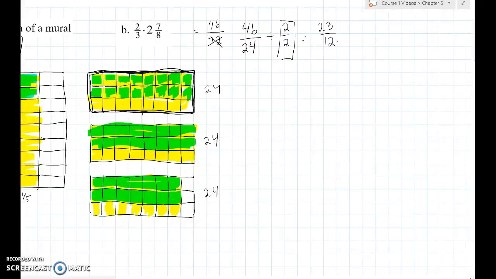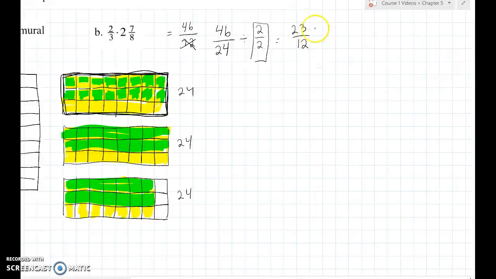I can't think of any factors. 23 is a prime number, so that's our answer, 23 twelfths, or even how many twelfths are in 23. There's 12 twelfths plus, what is that, 11, and that is equivalent to 1 and 11 twelfths.